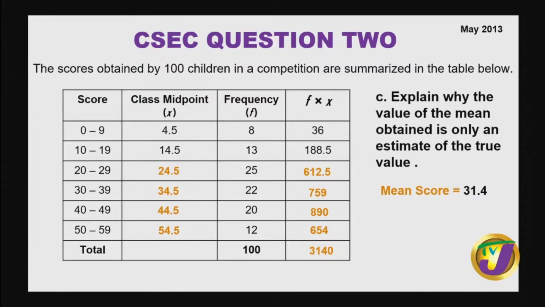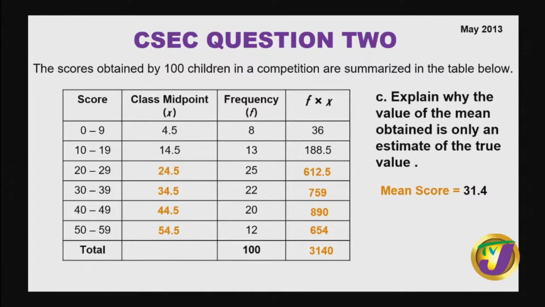Well, let me share with you what I'm thinking. So earlier you were hinting at it. When I look at the scores, for example, 0 to 9, there's no way I can know what the exact scores are from this table because I do not have the raw data. So it's a possibility that all 8 students scored 9.